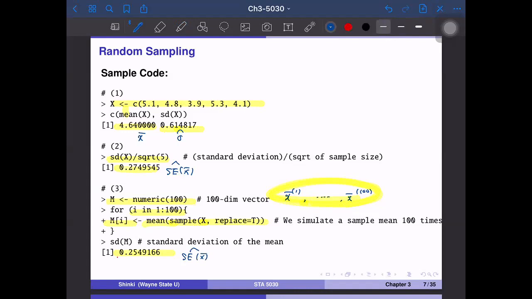Okay. So these two numbers are different because of 2 reasons. The first reason is that the simulation is actually random, so we have some intrinsic error. And the second reason is that actually this formula is not theoretically perfect. Actually, we have a difference between sample variance and population variance.